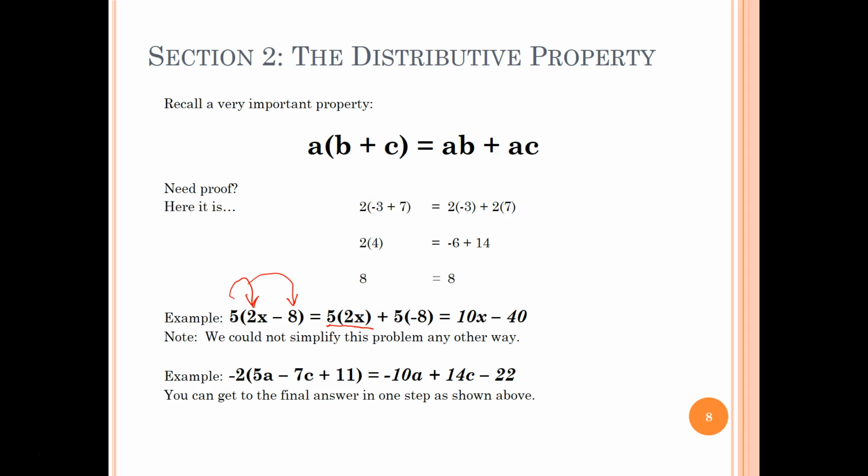Then we multiply the second terms together, and you can see they're separated by addition, 5 times -8. What that gives us is 10x plus -40. Notice the result is written as 10x minus 40, and that's because we know that adding a negative is the same thing as subtracting a positive.